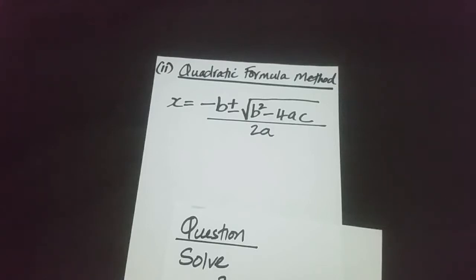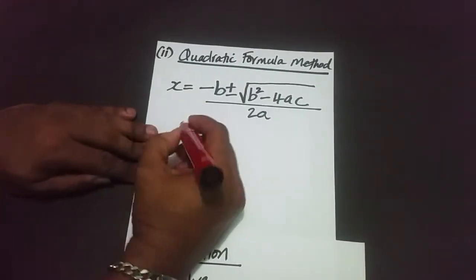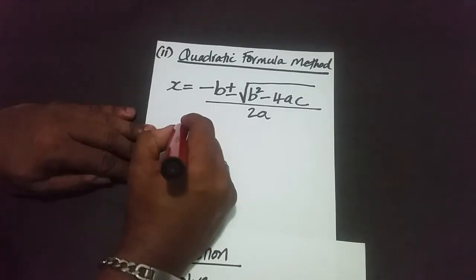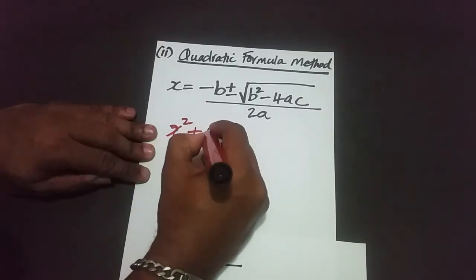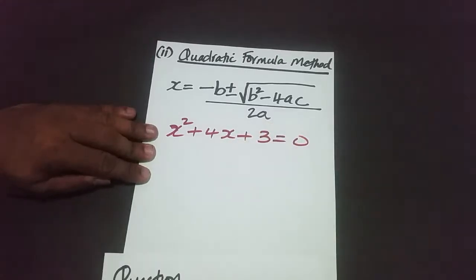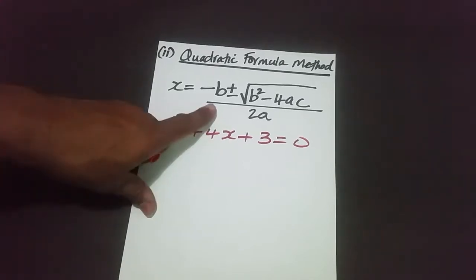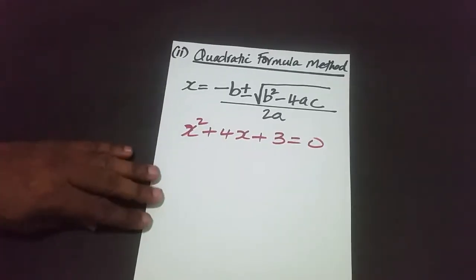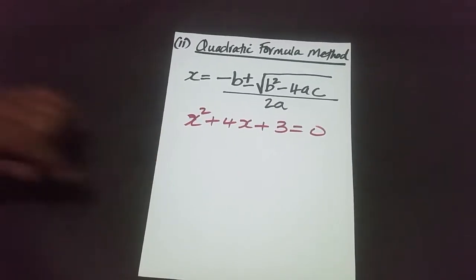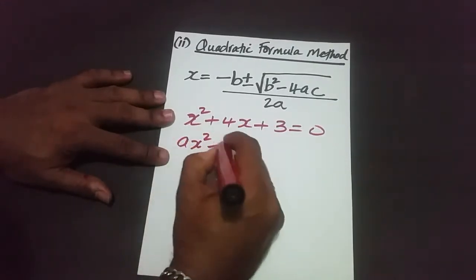So we're going to get straight into solving this quadratic equation now, which is x squared plus 4x plus 3 equals 0. So we're solving this quadratic equation using the quadratic formula method. Now again, routine requires us to check to see if it is in this form.